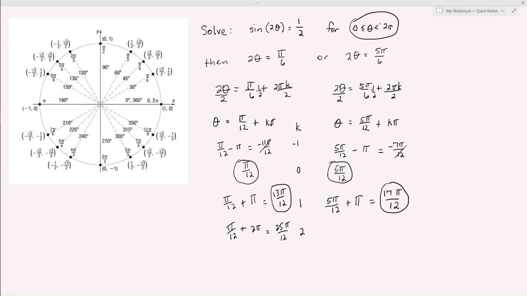That exceeds 2 pi, right? 12 goes into 24 twice, and then we got 1/12 more. So that's beyond our scope. Let's try 5 pi over 12 plus 2 pi. That's going to be even bigger at 29 pi over 12.